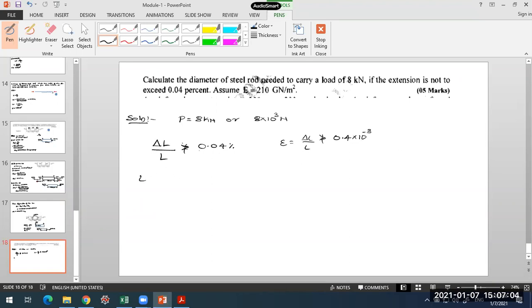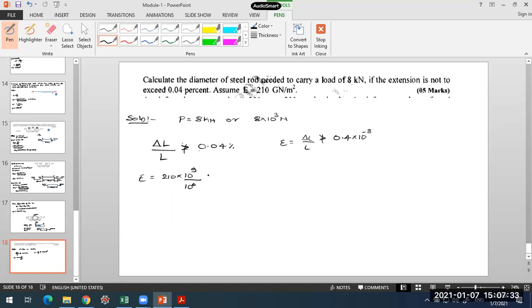In addition, we have E as 210 giganewton per meter square. That has to be converted to Newton per mm square. How much it comes out here? 210 into 10 raised to 9, giga to Newton, divided by 10 raised to 3 the whole square, that is 10 raised to 6.